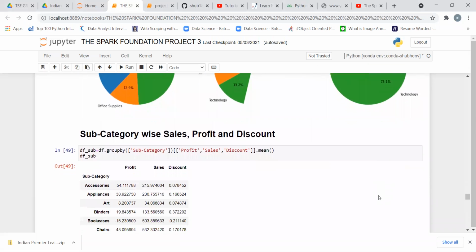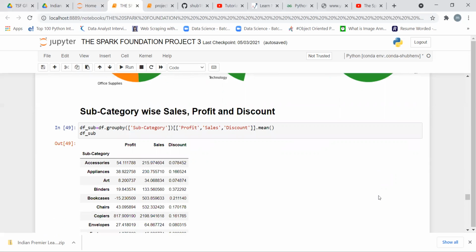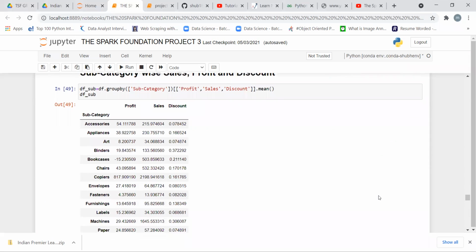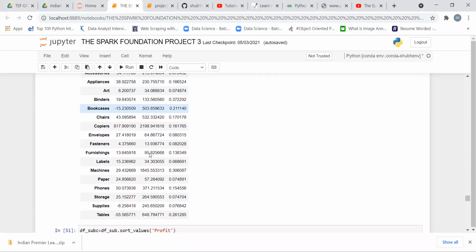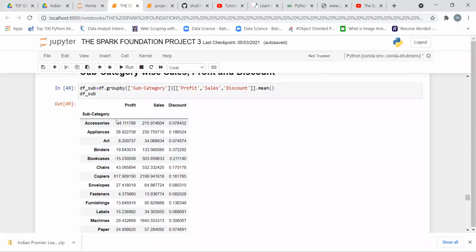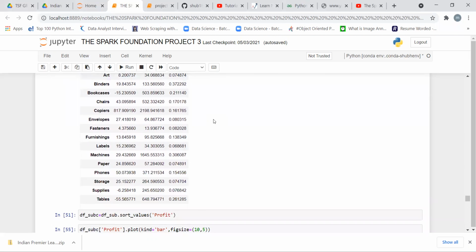And now we analyze sales, profit, and discount in terms of subcategory. The subcategories defined in the data set are accessories, appliances, art, binders, bookcase, chairs. We calculate the mean with respect to each subcategory in terms of profit, sales, and discount.